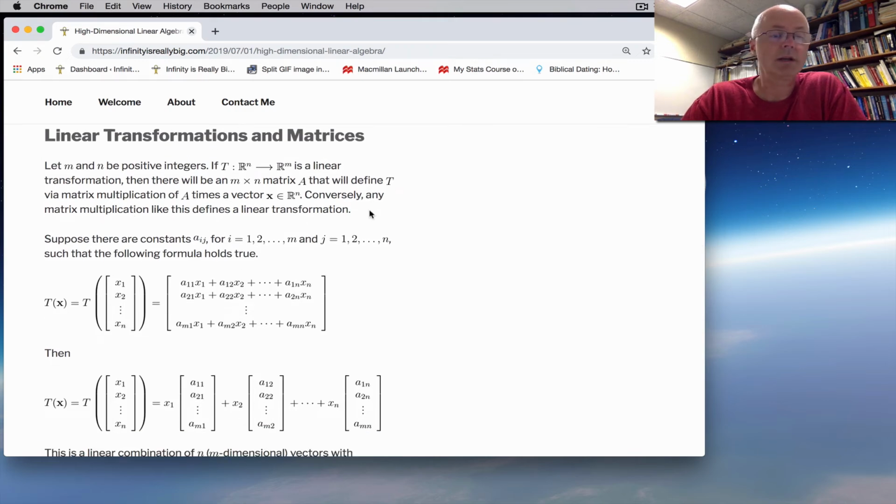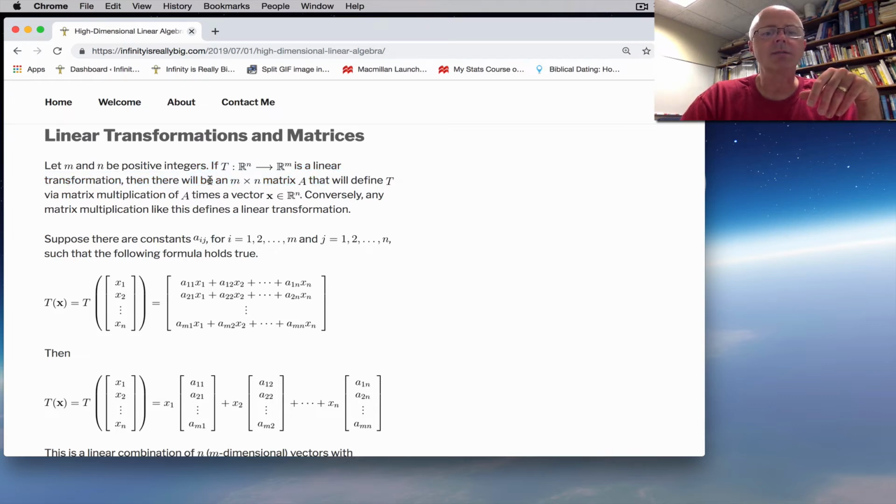Need to talk about general linear transformations. Okay, hang with me here. There's some good stuff to come. If T is a general linear transformation from n-dimensional space as a domain to m-dimensional space as a codomain, where n and m are positive integers, then as we've discussed, there's going to be a matrix associated with that. We can find the outputs of T by doing a matrix multiplication of A times a vector.